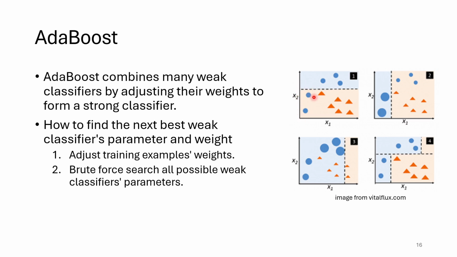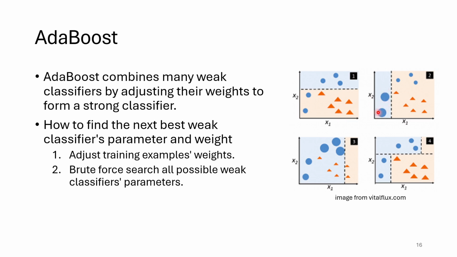And the 2 blue circles are wrongly classified, because if we set this threshold, then this is the blue class, and this is the brown class. So the 2 blue shapes are wrongly classified as brown triangles.